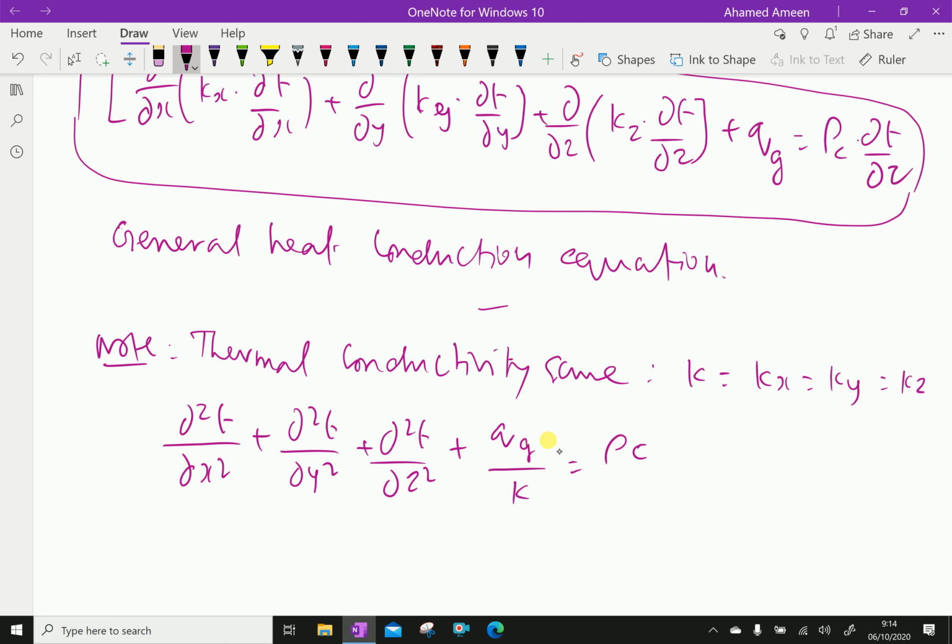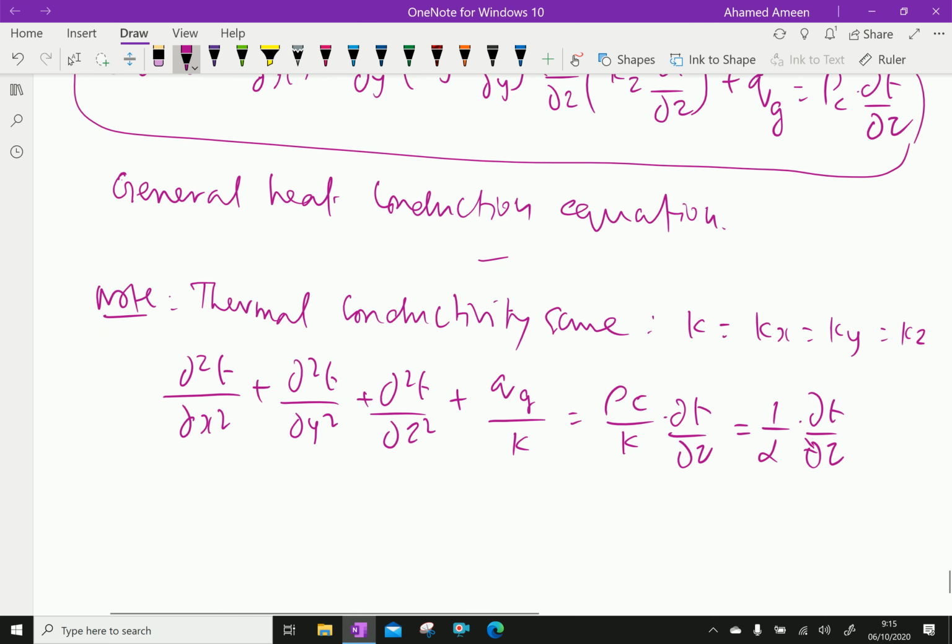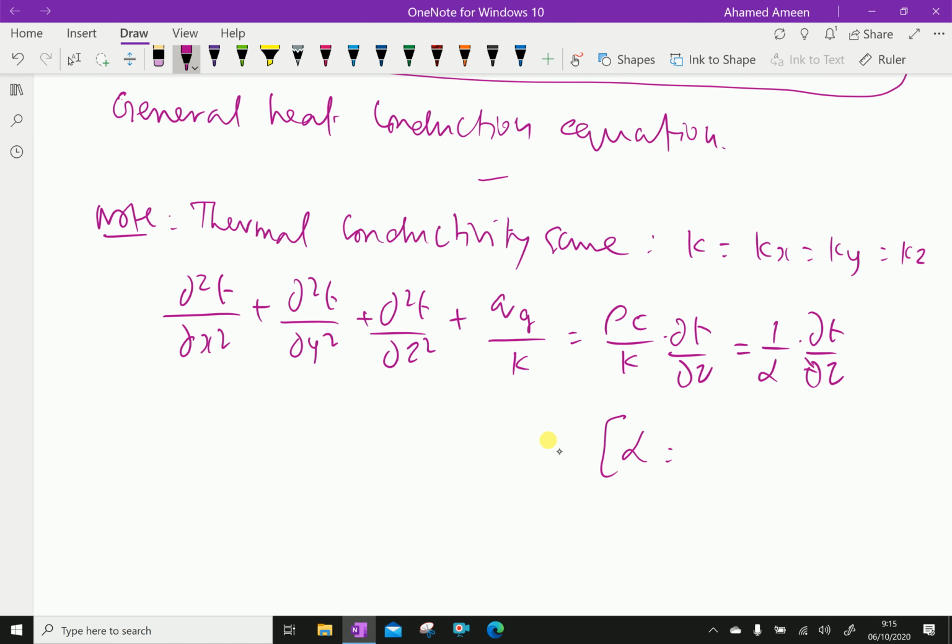rho c by k ∂T/∂tau, which is equal to 1 over alpha into ∂T/∂tau, where alpha equals k over rho c, that is diffusivity.